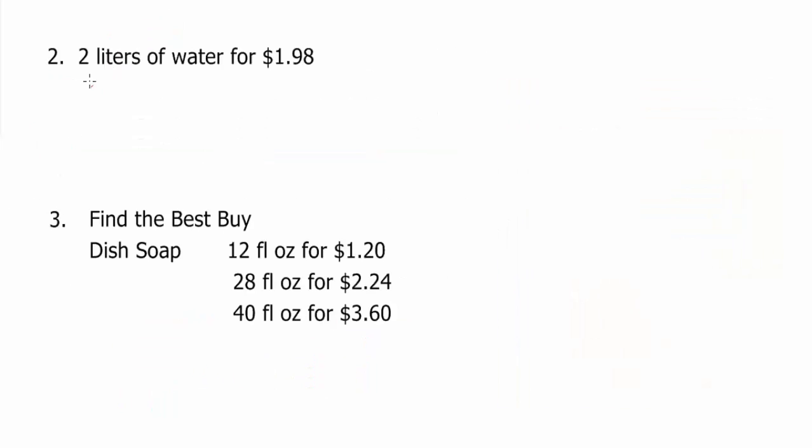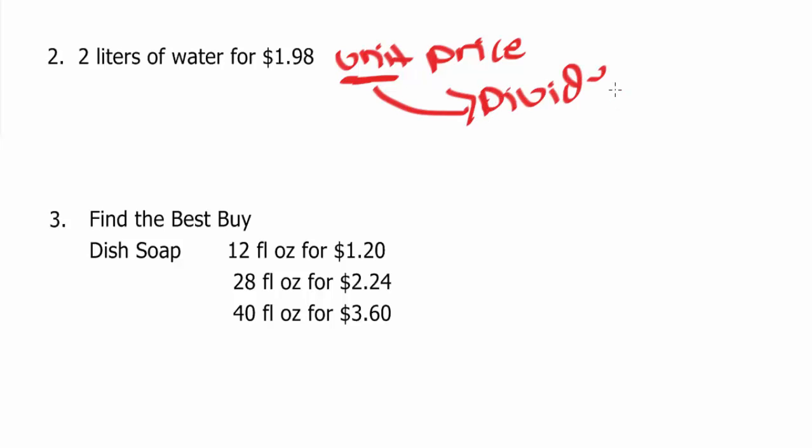If we have 2 liters of water for $1.98, it still wants to know what is the unit price. Anytime you see unit, you know you're going to divide. So it's saying if 2 liters of water costs $1.98, how much would 1 liter cost? So 1 liter.